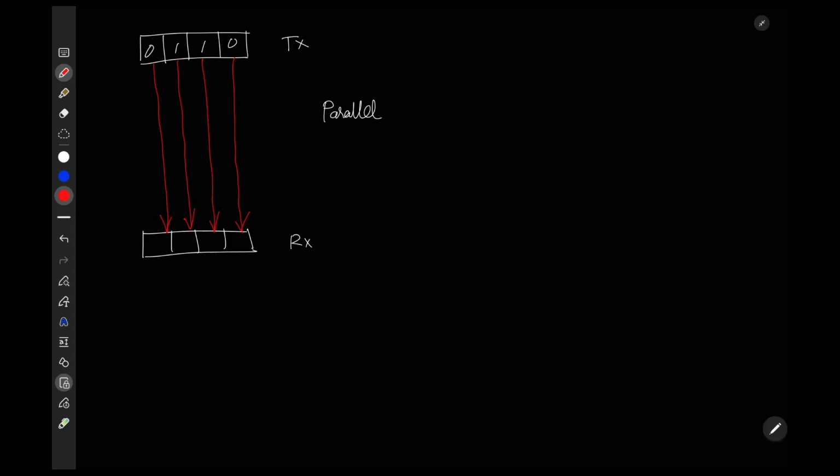So they are physical channels, and each channel will have a delay. The delay in the channel is sometimes called the electrical length of the channel, and each channel will have a slight difference.